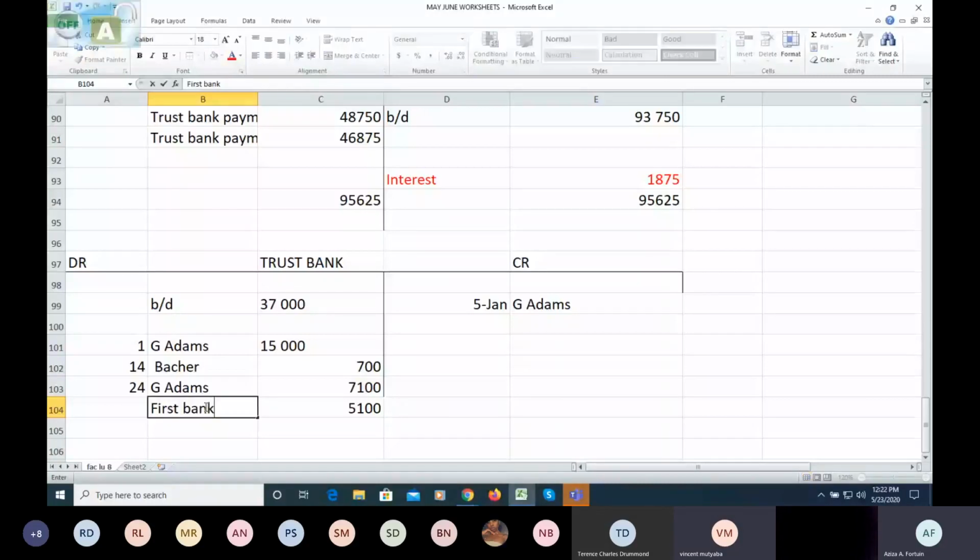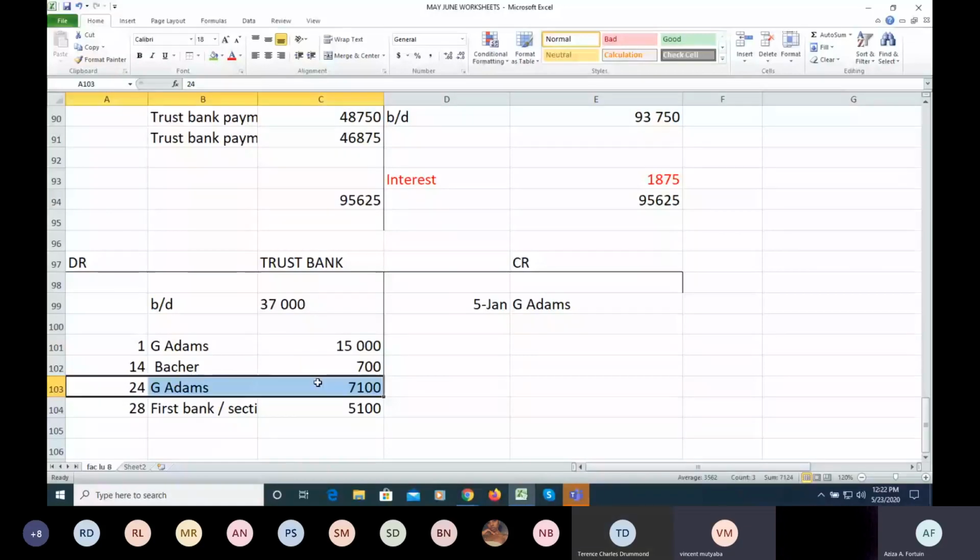Can I ask, please, about your last entry for G. Adams of the 7,100? According to this statement, the divorce case of Adams was settled and his attorney levied the 4,000 rand. Then they received 7.1.